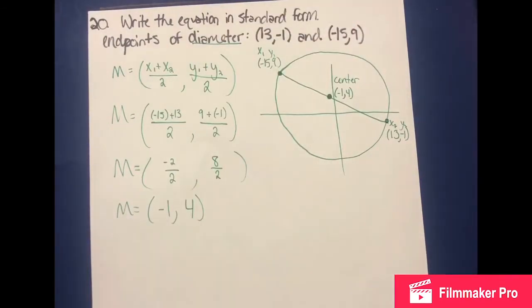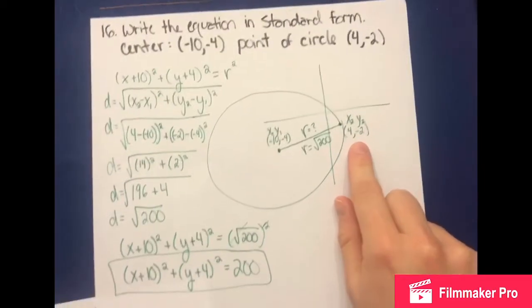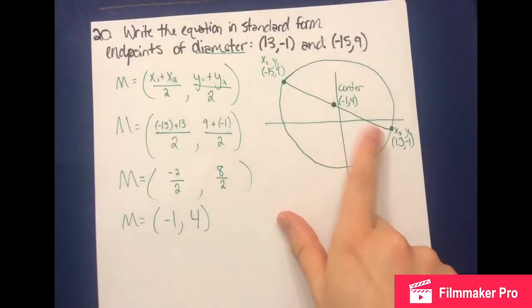So I'm pretty much going to stop here, but show you what you should do next. In the last problem that we had, you had the center and a point on the circle. Here, you have the center and 2 points on the circle.